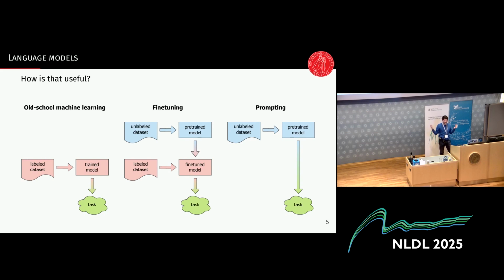We just have a very smart engineer that engineers the features out of the sentence. So, for example, does the word good occur in the sentence or not? And then we train a supervised model based on this. This is the old school machine learning approach, but more modern approaches use fine-tuning and prompting.